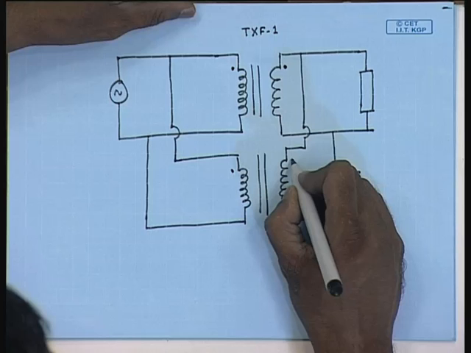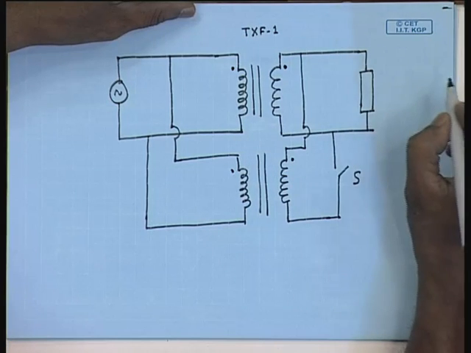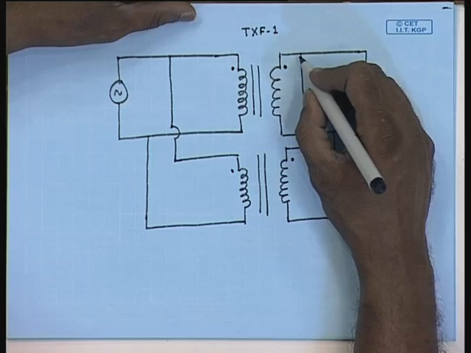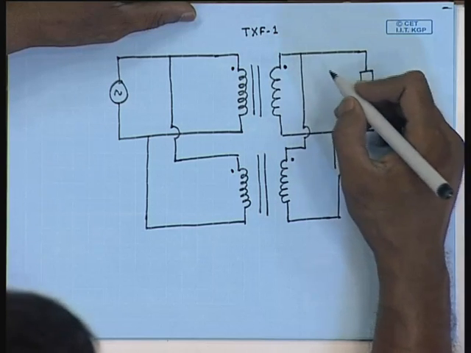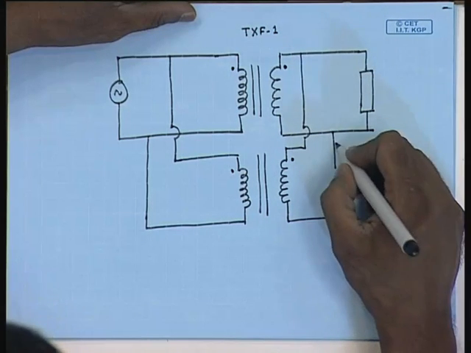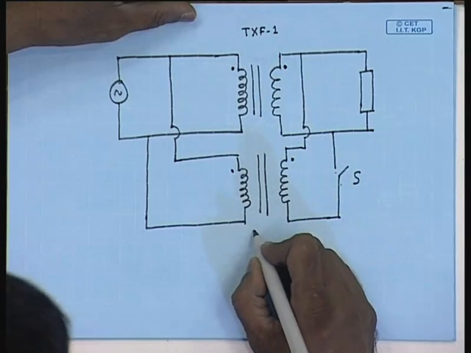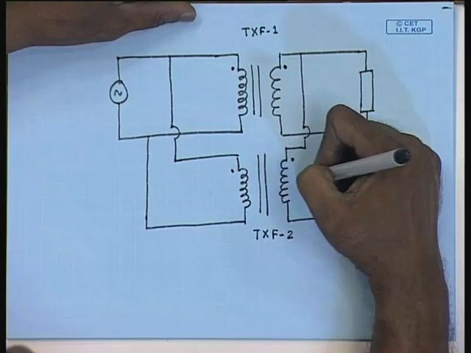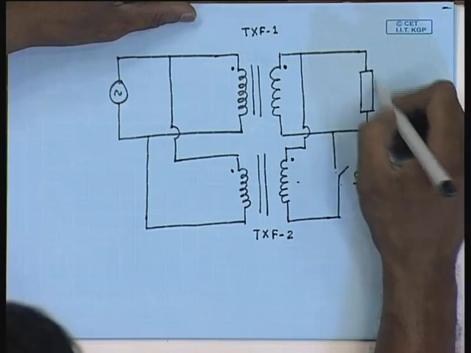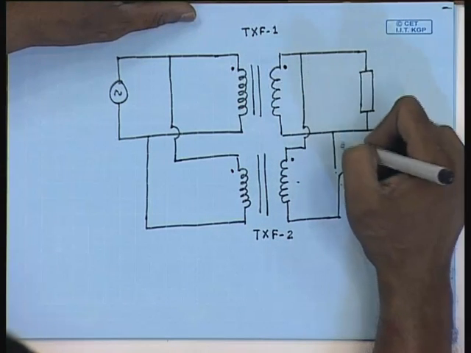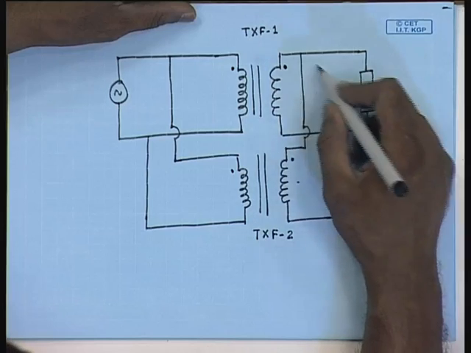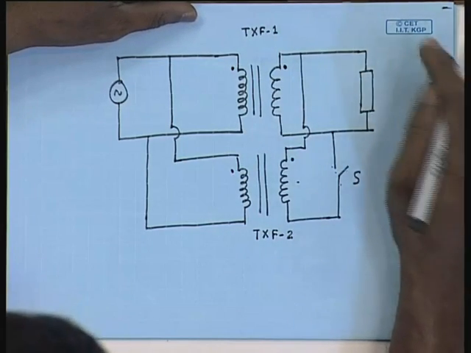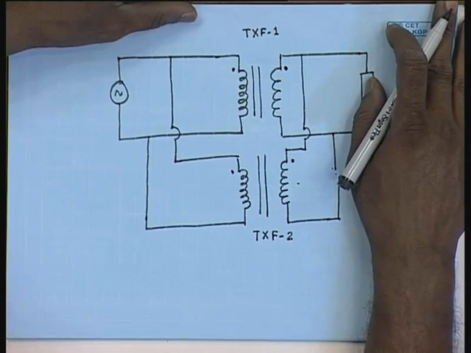Then the instantaneous positive terminal of the second transformer must be connected to the instantaneous positive terminal of the first transformer and the other terminal should be connected like this. If not, one can easily understand that if this polarity is reversed, then even without the load, once the switch S is closed, there will be a short circuit through the transformer windings and a very large current will flow. So this should be protected against.